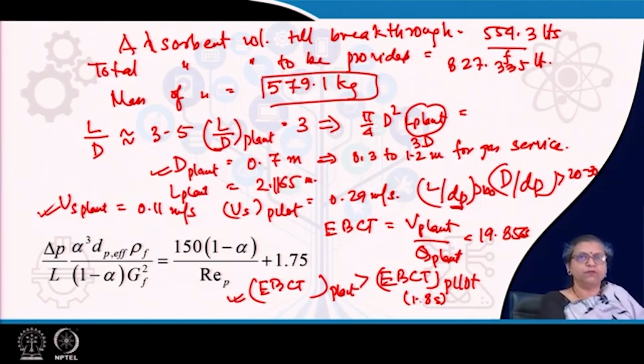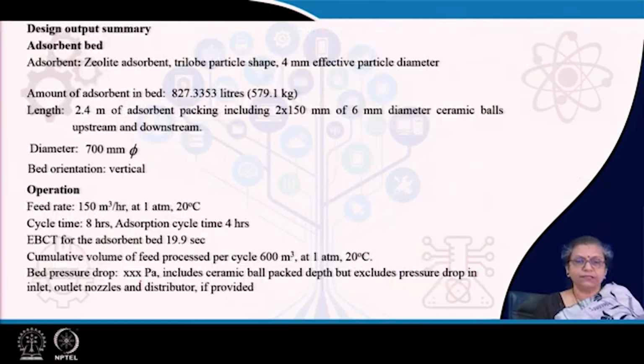And after that we try to evaluate the pressure drop. If you evaluate the pressure drop, you will find that all the data are given. You can find it out, and I had calculated it, and that also falls within the permissible limits. The bed pressure drop was much smaller compared to the total pressure of 1 atmosphere, and therefore this is fine, we can go ahead with this.